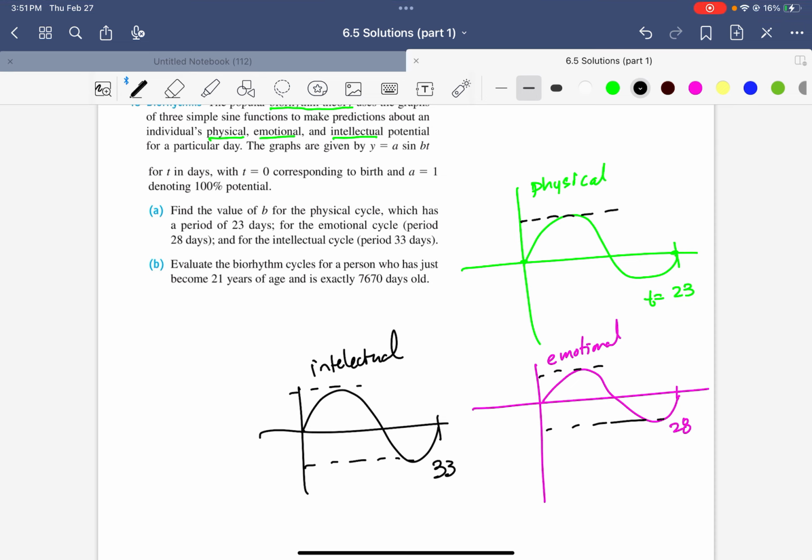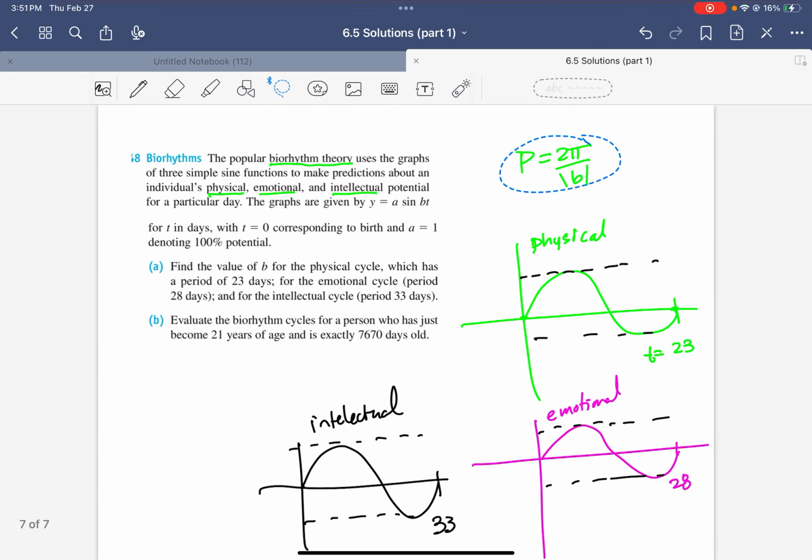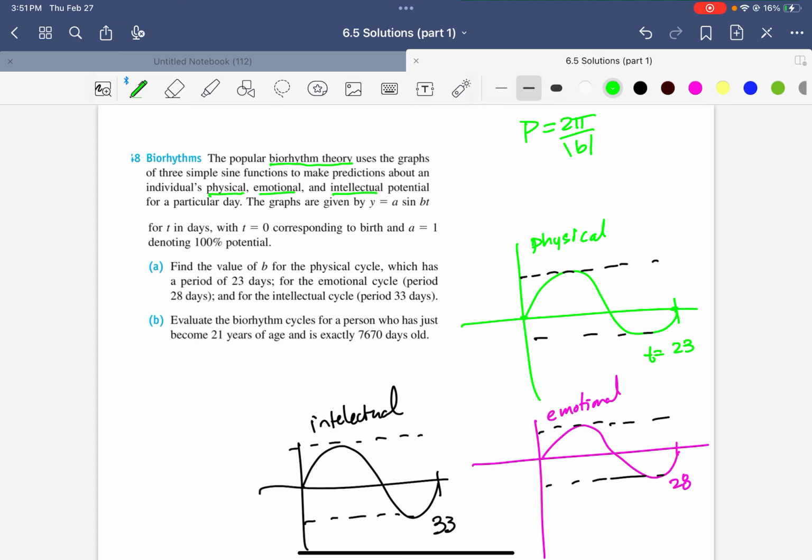So from this, we should be able to say that if period is equal to 2 pi over absolute B, and your period is 23 days, then you can just take this up here and go, look, 23 is equal to 2 pi over absolute B. So if you multiply both sides by B, you're going to get that 23B is equal to 2 pi.